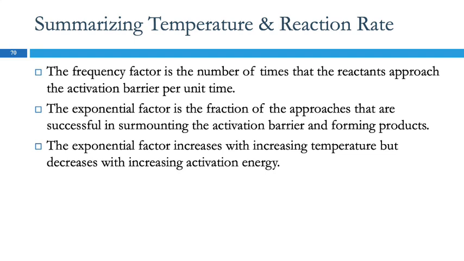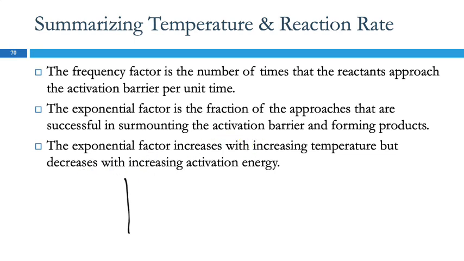The exponential factor will increase, get larger, as the temperature increases, but it will decrease as the activation energy increases. So they're looking at two different things, and they're saying one is increasing and one's decreasing, and it's kind of confusing the way they say it. Because here it increases with increases and decreases with increasing.